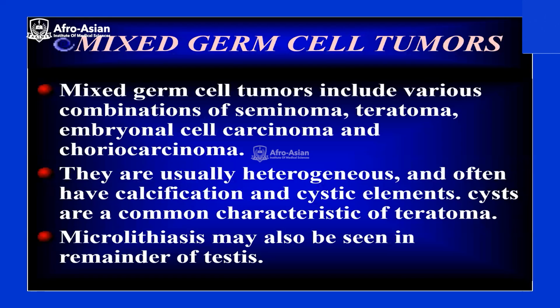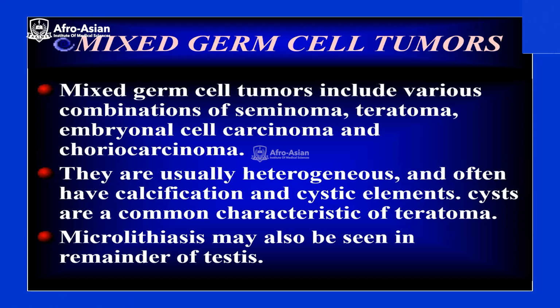Mixed germ cell tumors, which include a combination of seminomas, teratomas, embryonal cell carcinomas, and choriocarcinomas, are usually heterogeneous and often have calcification and cystic elements. Cysts are a common characteristic of teratoma.